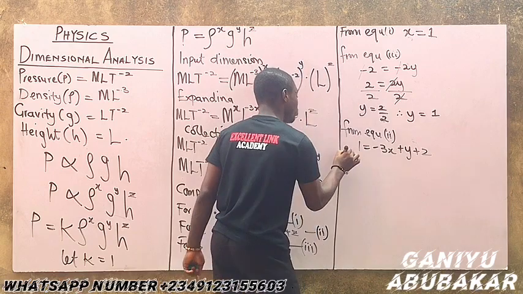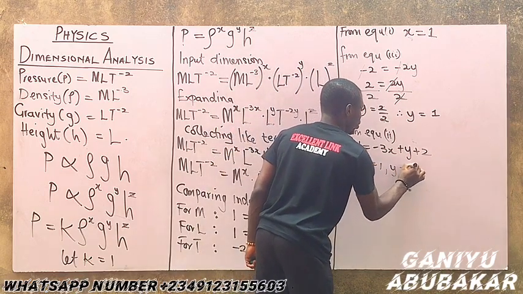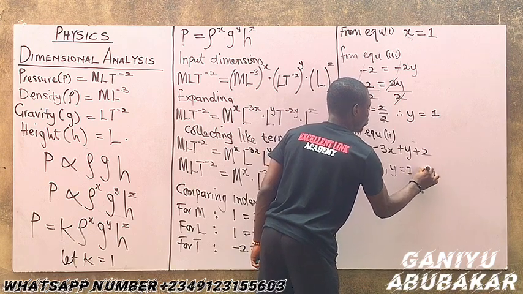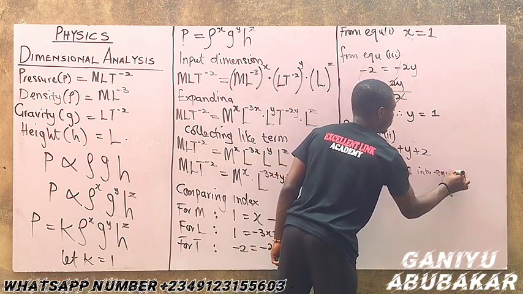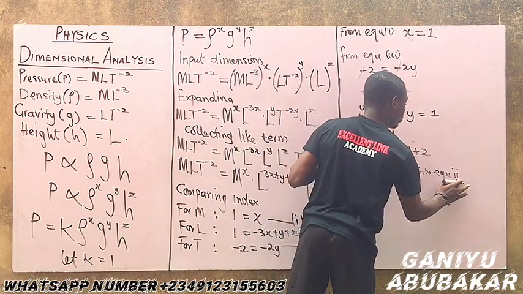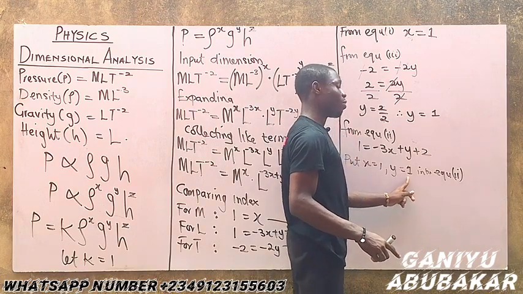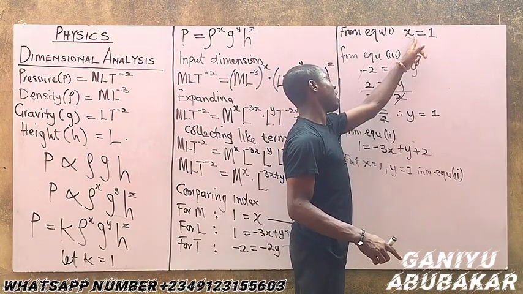At this point, put x equal to 1 and y equal to 1 into equation 2. Anywhere I see x, I'll put 1, and anywhere I see y, I'll put 1, as we had here.